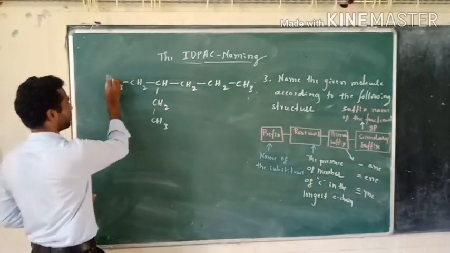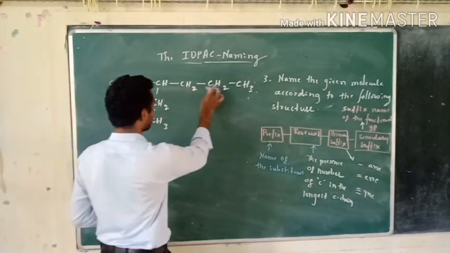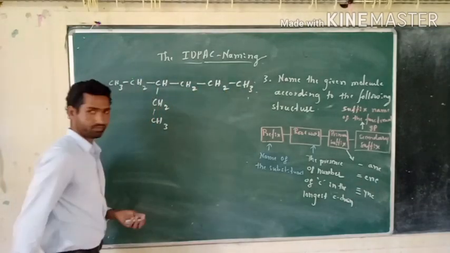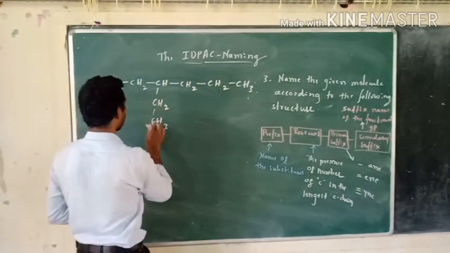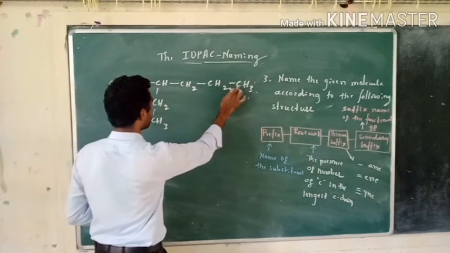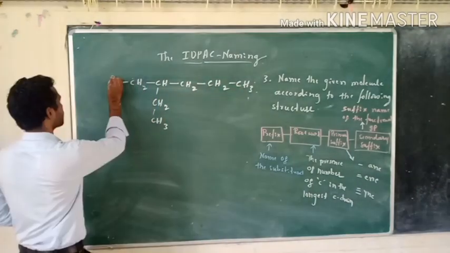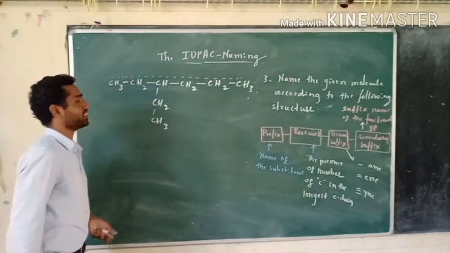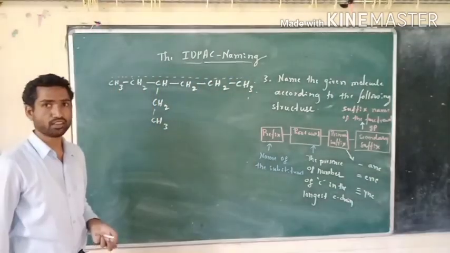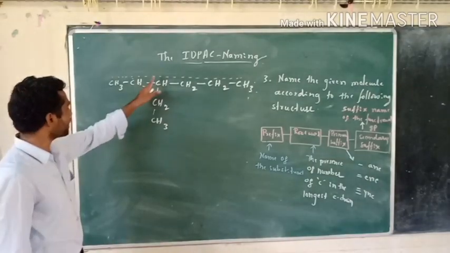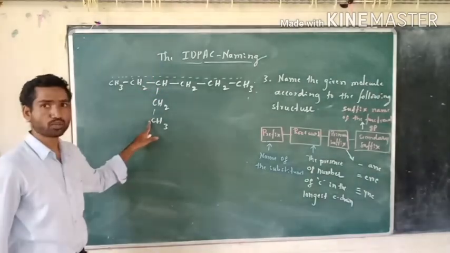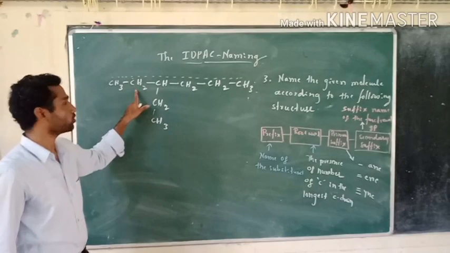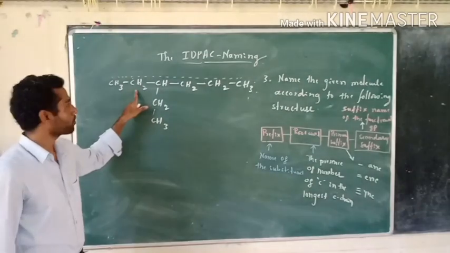That is nothing but 1, 2, 3, 4, 5, 6. One possibility. That is one more possibility. I can take this as the longest carbon chain. Here also we can take a longest carbon chain, but I am considering the longest straight chain as the longest carbon chain.